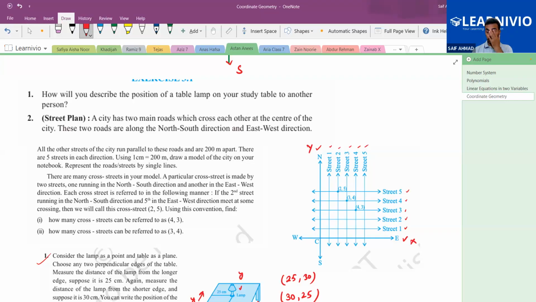Yes. Understood, sir? Explain. Understood? No. Where do you have the doubt? Tell me.